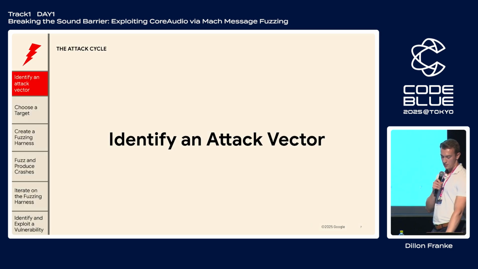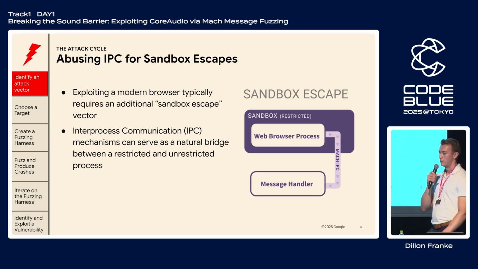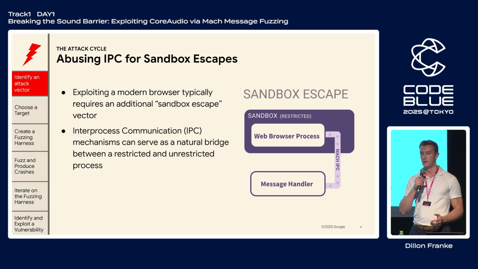So the first step, identifying an attack vector. You might know in the modern web browser landscape, exploiting a browser such as Chrome or Firefox typically requires an additional sandbox escape vector these days. It's not enough to just get an RCE in Chrome.